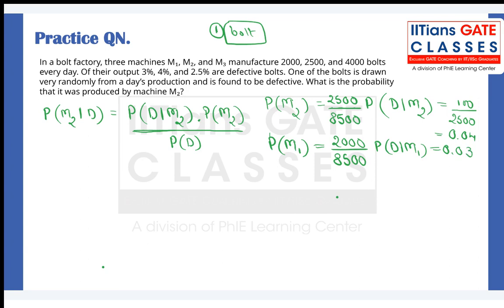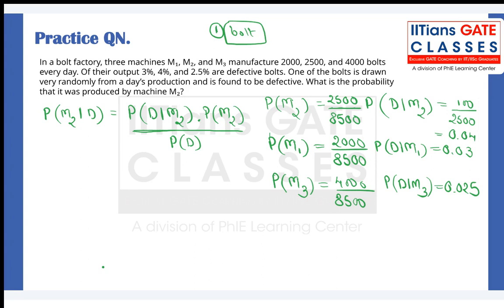And what is the probability that it is from machine 3? It is 4,000 divided by 8,500. And the probability that it is defective is 0.025. Correct? Now you can plug into this formula.